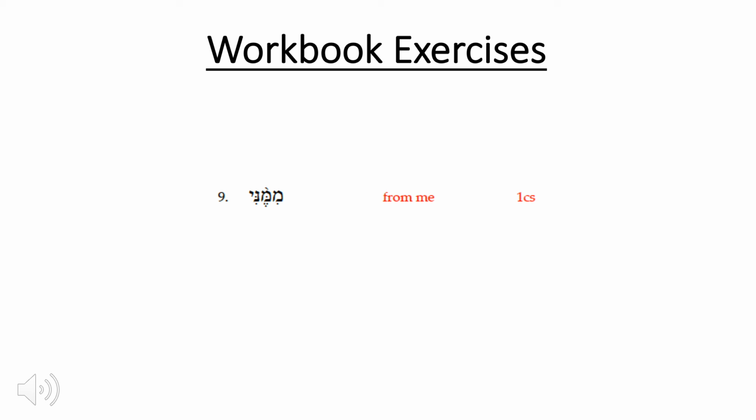So it's as though this is min-ni, where we have the dagesh in the mem to represent the nun that's with the first mem. Why it does this is just a quirk of the language, probably to differentiate it from words that might look similar, but here we have memeni from min with a 1CS object.